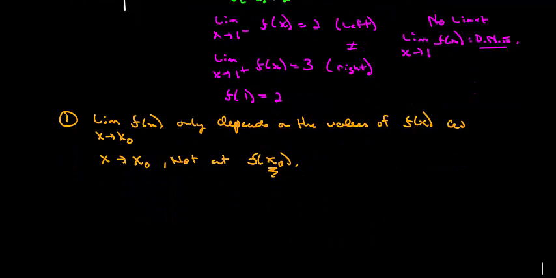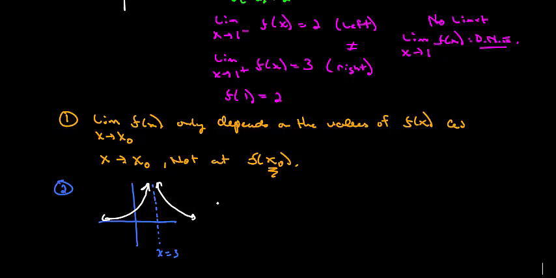The second note is that it could be the case that the function actually doesn't approach a finite value. Here's what I mean. Let's say we've got our axis system and our function, and here's the value x equals 3. Our function looks something like this. Now we might ask, what is the limit as x approaches 3 of the function?